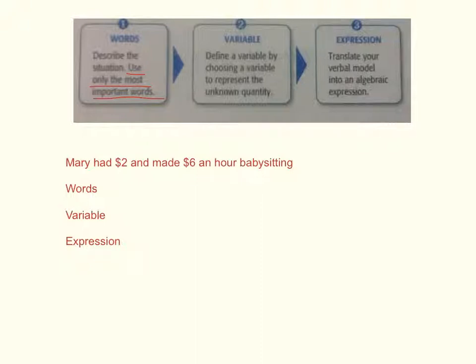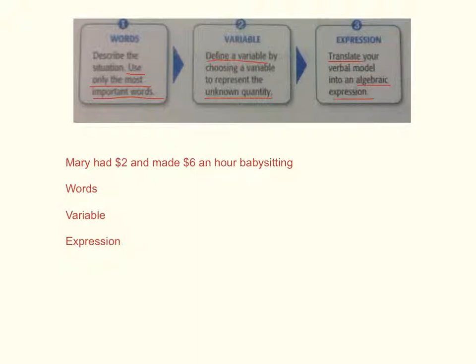In this case, the situation is they're asking you to take a verbal phrase and turn it into a mathematical operation. Step 2 is to define a variable, which means just choose a letter of the alphabet to represent what you don't know, which is the unknown quantity. And then step 3 is to translate that variable and the other things described in the situation into a math problem, an algebraic expression.